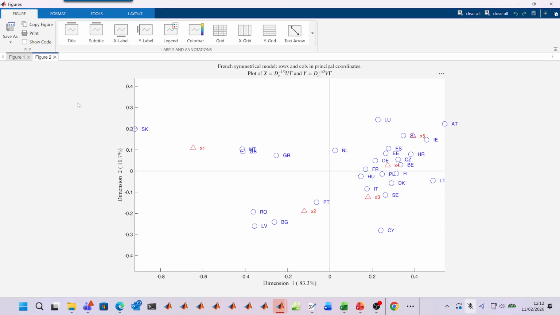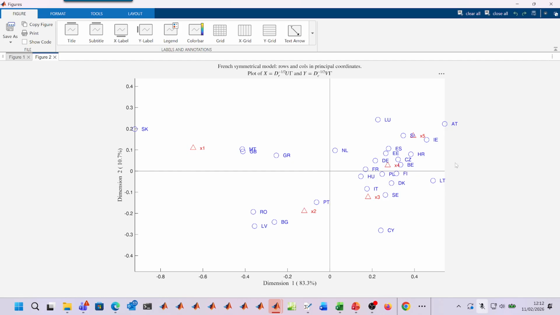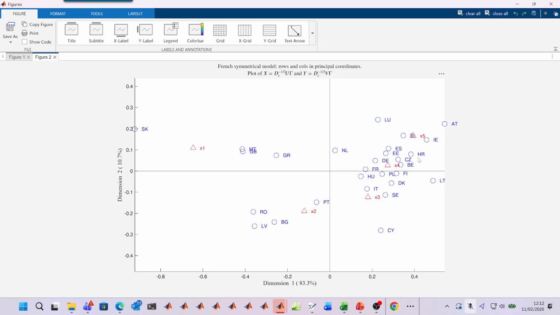But it still finds this underlying dimension, which is the level of price, that is, as you move from left to right, you pass from x1 to x5. Right? And what are the countries which mainly work with this small level of price? Malta, Great Britain, and Slovakia. You see these three countries.